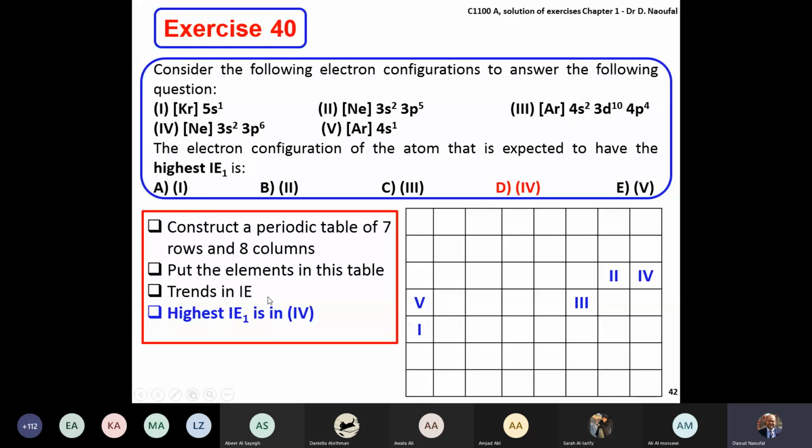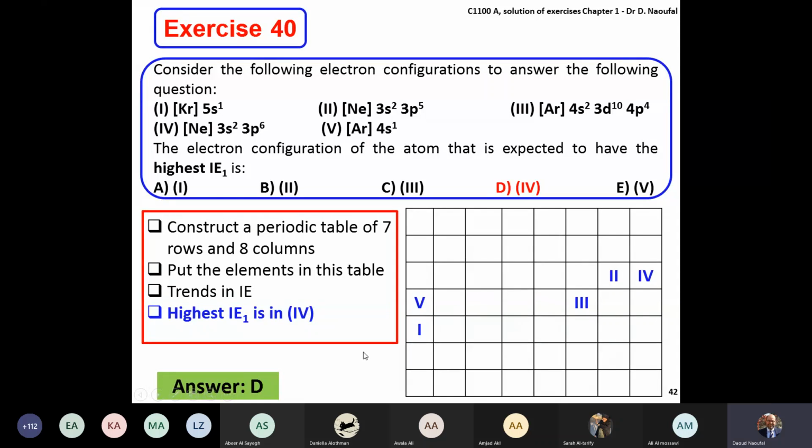So the order: 1 has ionization energy less than 5, and element 5 has ionization energy less than 3, and 3 has ionization energy less than this box. So less than 2, less than 4. So the highest ionization energy is for element 4, and the answer is D.